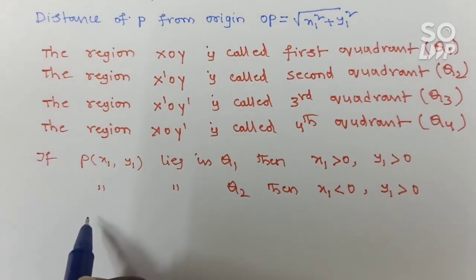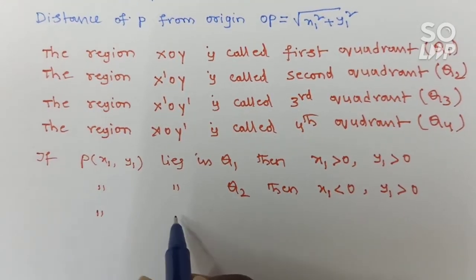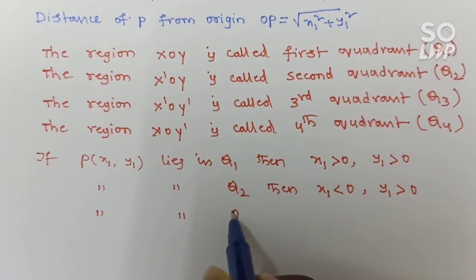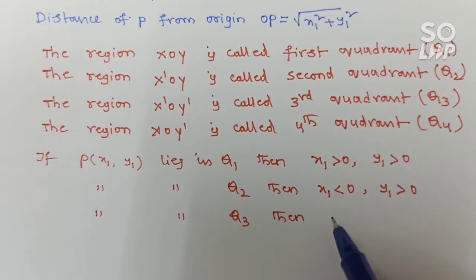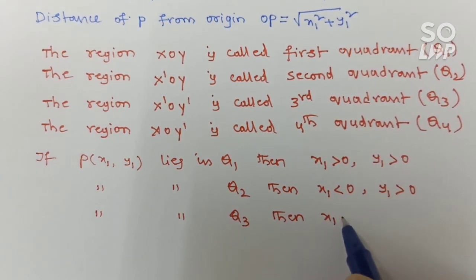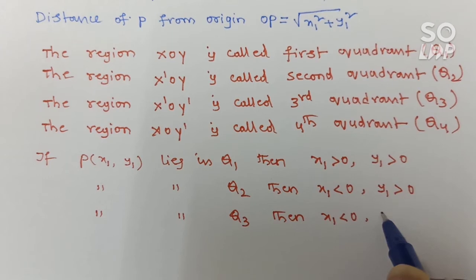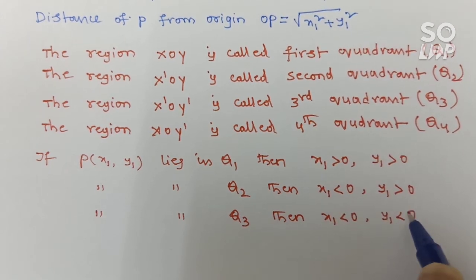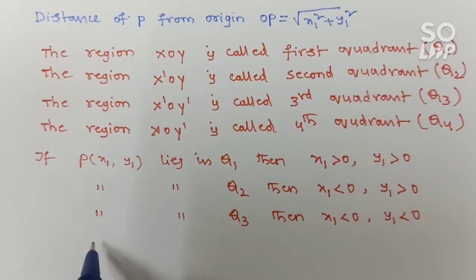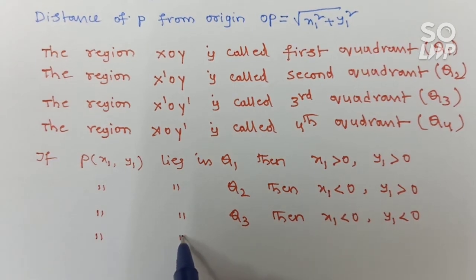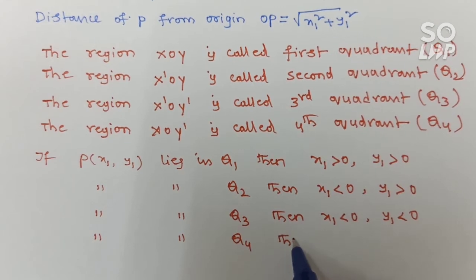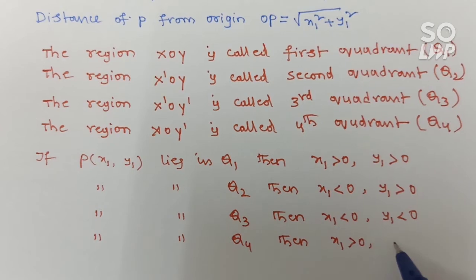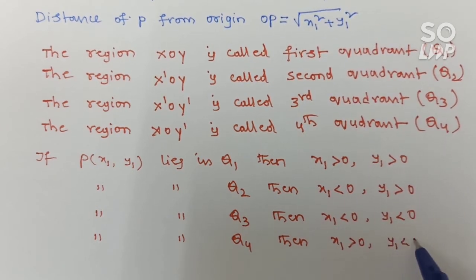Next, if P lies in Q3, then both coordinates are negative, x1 is negative and y1 is negative. And if P lies in the fourth quadrant, then the x coordinate is positive and the y coordinate is negative.